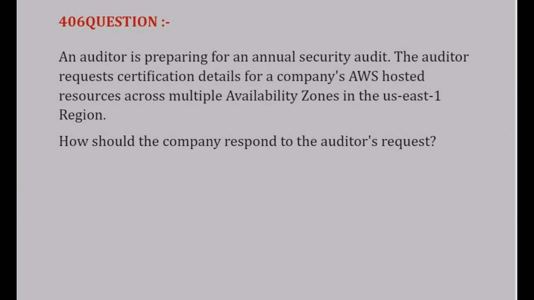Question is, an auditor is preparing for an annual security audit. The auditor requests certification details for a company's AWS hosted resources across multiple availability zones in the US East 1 region. How should the company respond to the auditor's request?